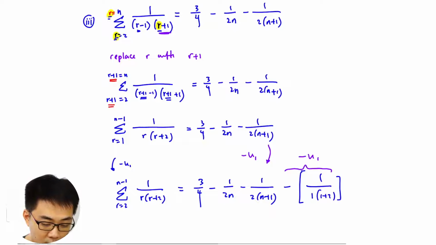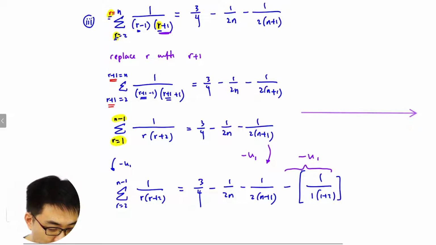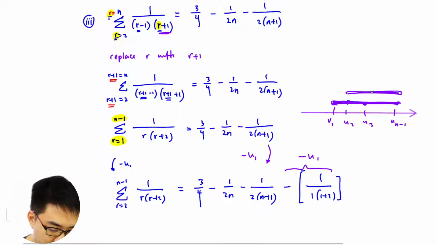I repeat, if you're confused, this is 1 to n minus 1. So you draw the number line. If you have u1 to n minus 1, then you need u2, u3 here. If you want u2 to n minus 1, this is what you want. You need to minus off the u1.